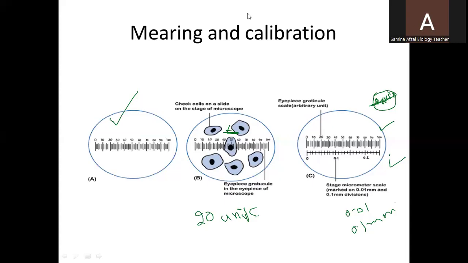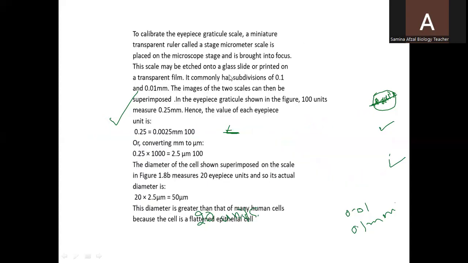So in this way, we have to calibrate these two scales to find out the length of this specimen. How can we calibrate? As you can see, you will align these two scales. The eyepiece reticule is 100 units, and it is 0.25 millimeter.